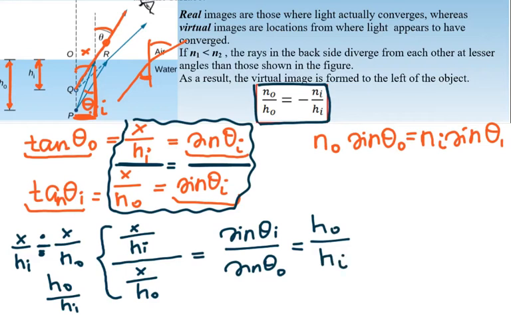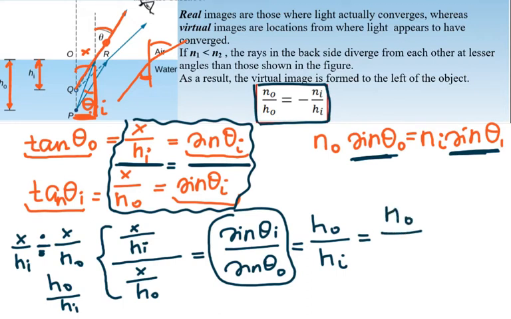And here I can also say that sine I over sine o is equal to, so I have sine I over sine o. I'm going to divide both sides by sine o, and divide both sides by NI. So that gives me NO over NI. And I got the same formula that they give you over here.